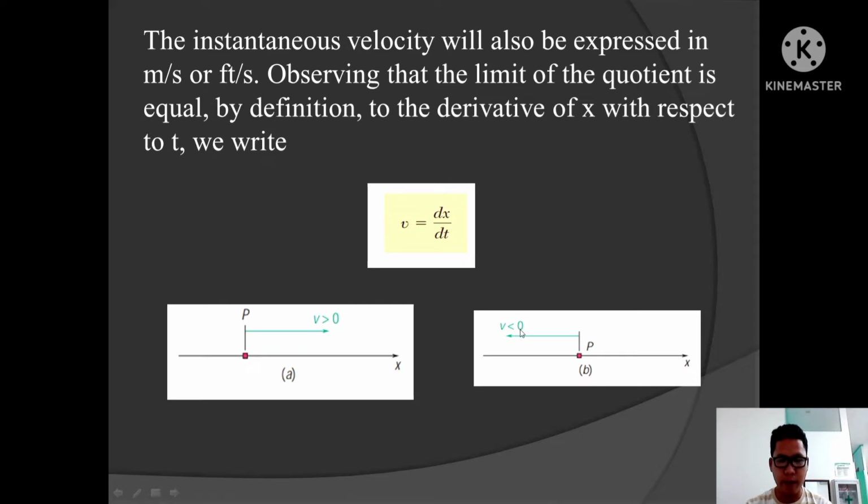Therefore, a negative value of v indicates that x decreases, and the particle in this figure moves in the negative direction. So for all of that, the magnitude of v is known as the speed of the particle. That's the instantaneous velocity.